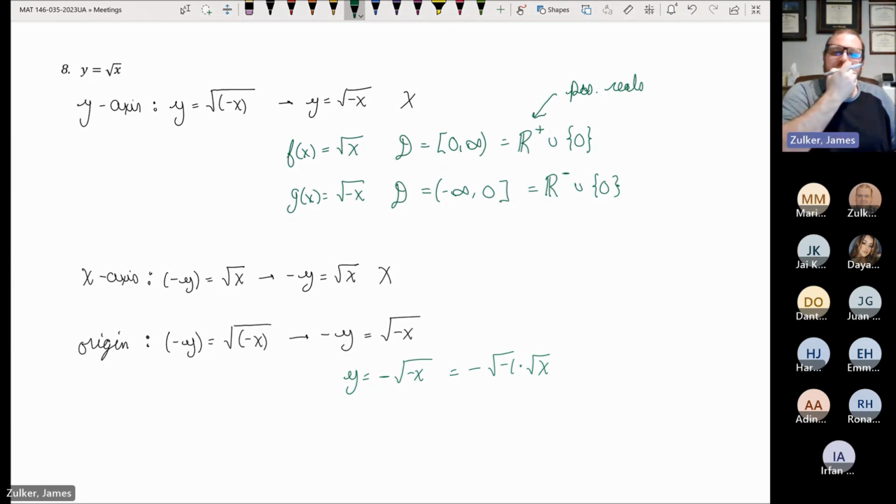Remember, when you factor something out of a square root, you have to factor out the square root, right? So, for instance, square root of 4x is 2 root x, right? Not 4 root x, because you're factoring out a square root of 4. Those are not the same.